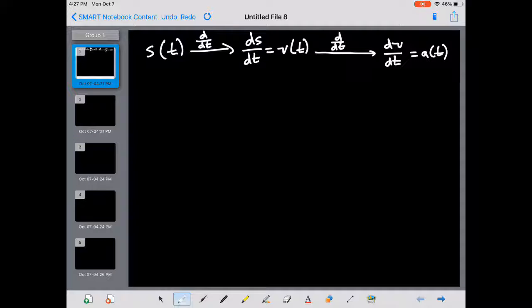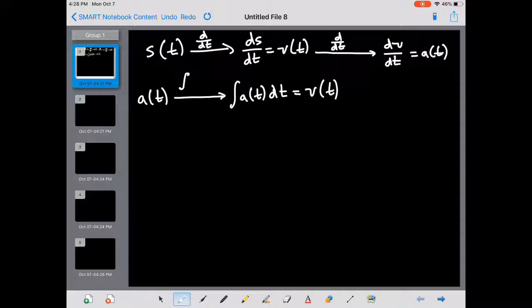Now, we can do the reverse of this. If I start at the other end with a of t, and I want to get from a of t to v of t, I do this by taking the antiderivative, or undoing the derivative, of acceleration. So the antiderivative of a of t dt equals v of t. And I can do the same thing with v of t.